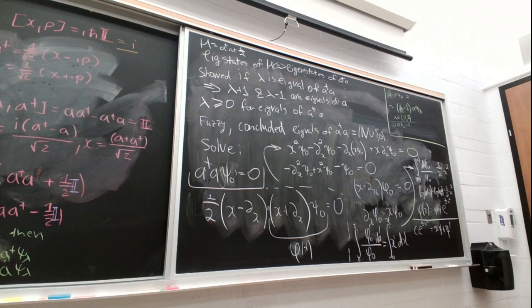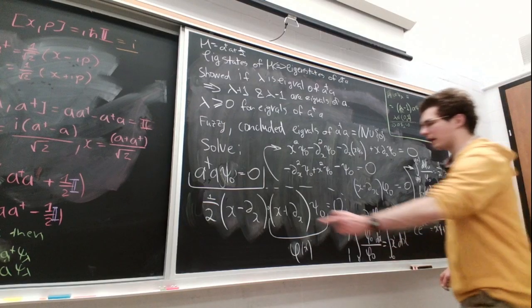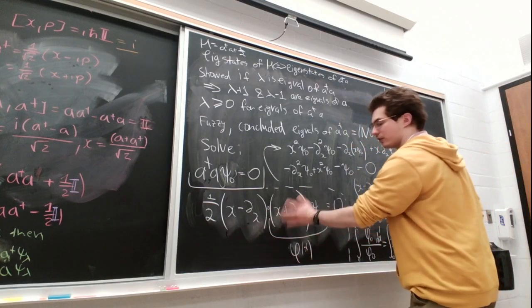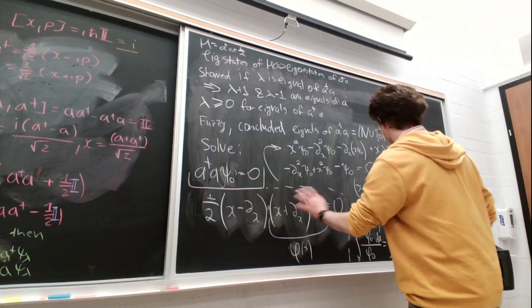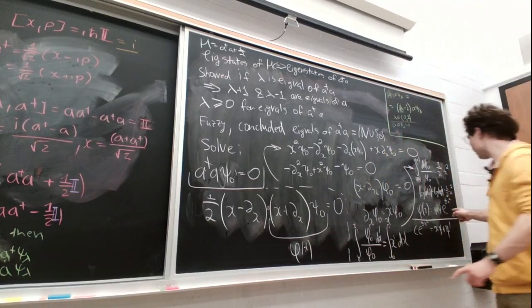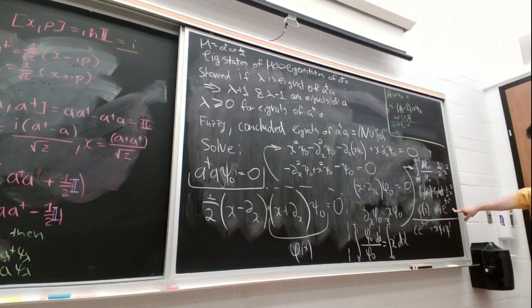Is that right? Yeah, that's right. So if I apply this to this part, I should get 0. And so this part has to be equal to this. And so now I have to solve this equation.